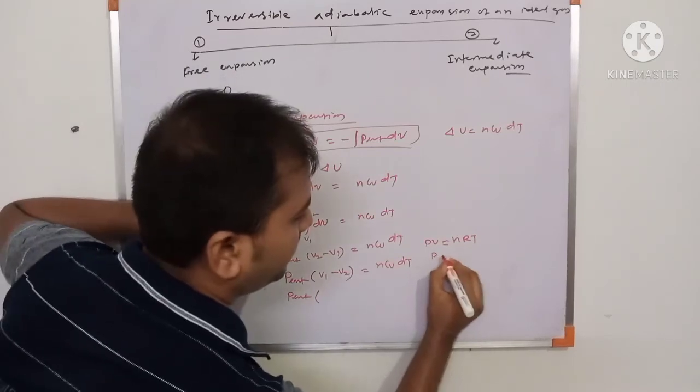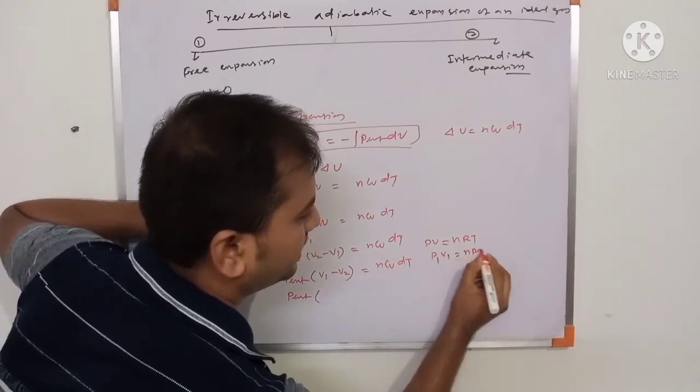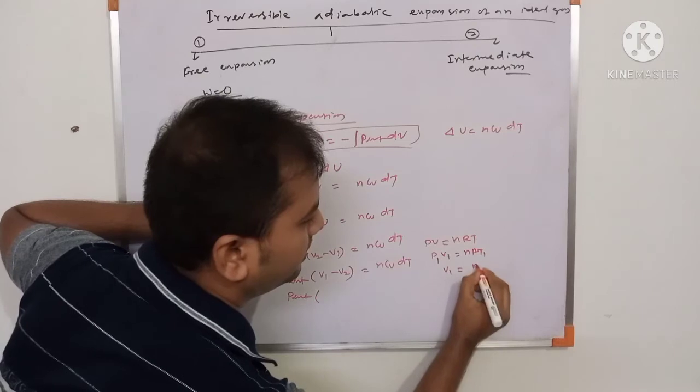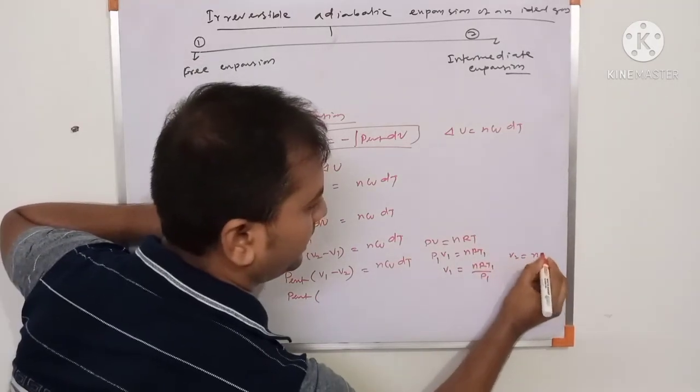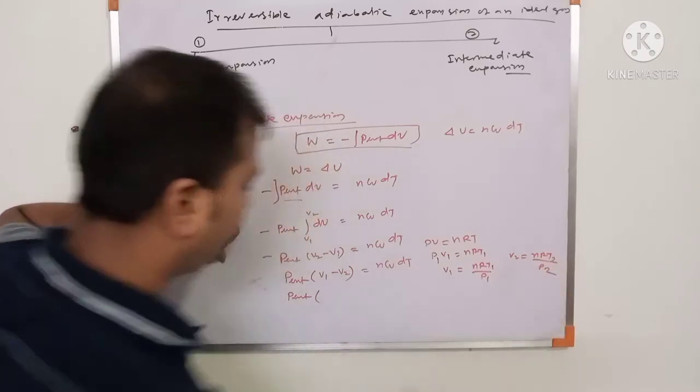So P external, ideal gas condition, PV equal to nRT. So P1 V1 equal to nRT1. So V1 equal to nRT1 by P1, and V2 equal to nRT2 by P2.